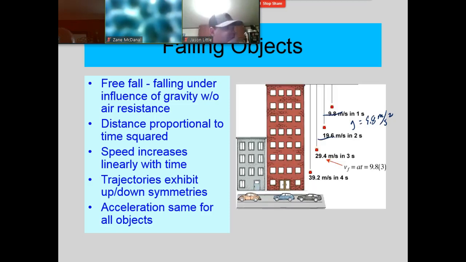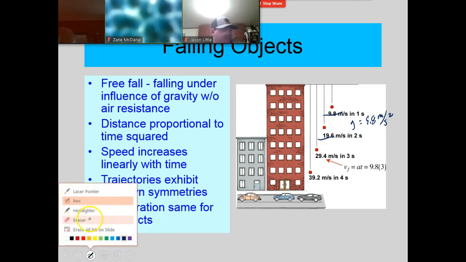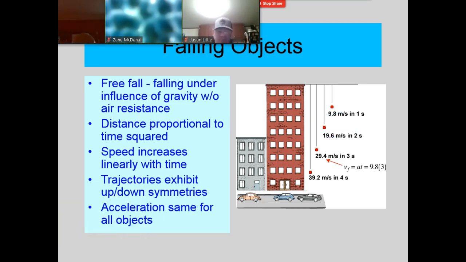All right. However, if you look at velocities, not distances, you'll see that it increases its speed at the same rate every second, 9.8 meters per second, and here's your formula. V final is equal to A times T. So when that T is 1, that was 9.8.